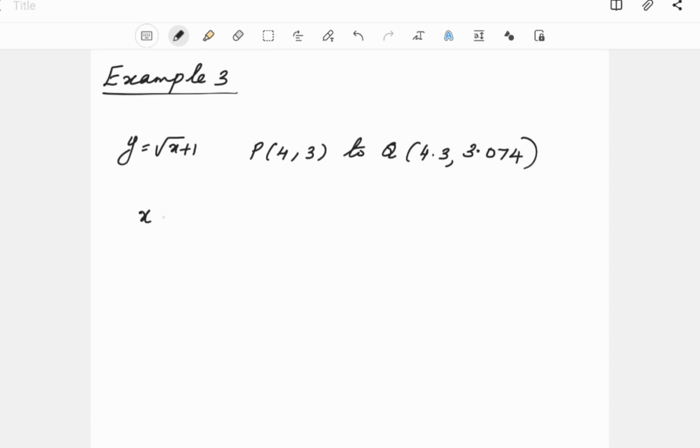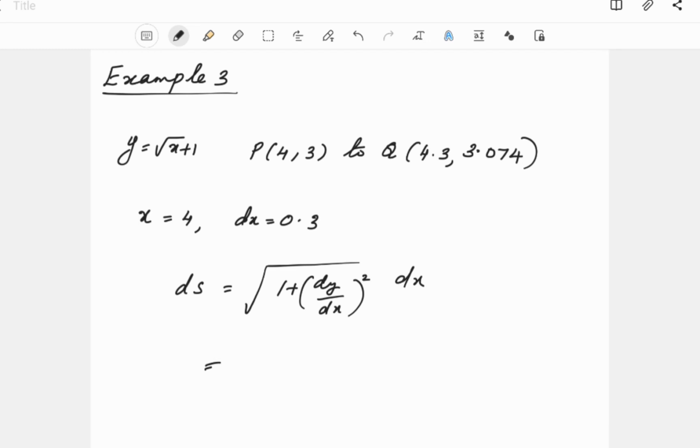If we take x equal to 4, dx is equal to 0.3. Here also dx is very small, so we can approximate the arc length using ds. ds is equal to root of 1 plus dy by dx the whole square dx.